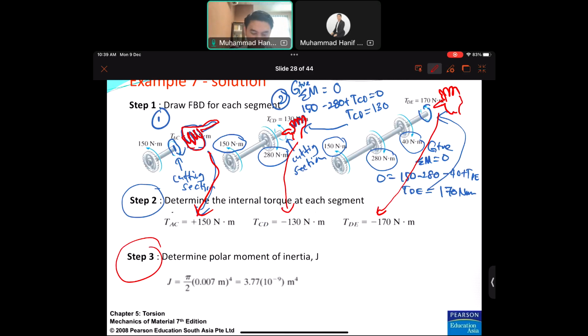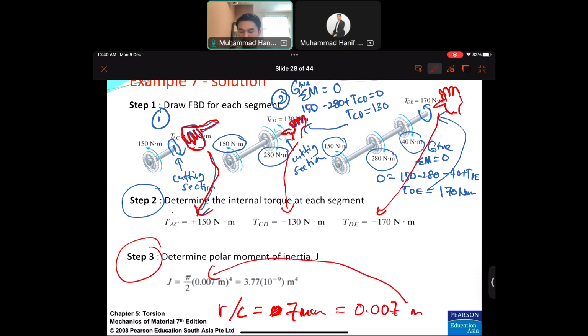The J equation is pi over 2 times radius to the power 4. So just put the radius, which is R or C, 7 millimeter, and convert directly into the SI unit, 0.007 meter. Once you convert into the SI unit, you will get J straightforward.